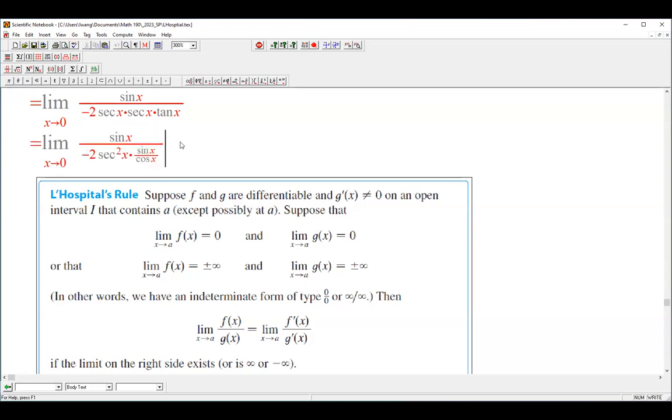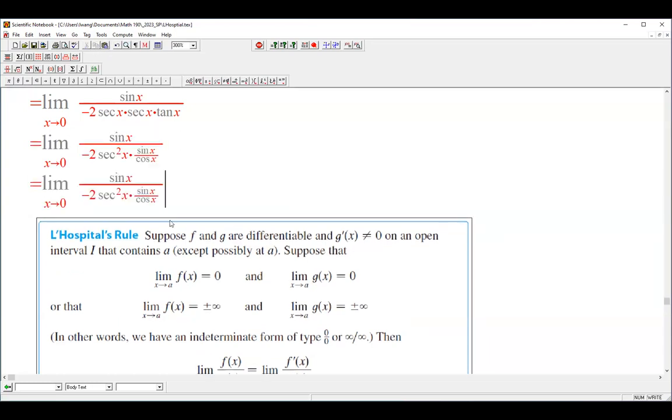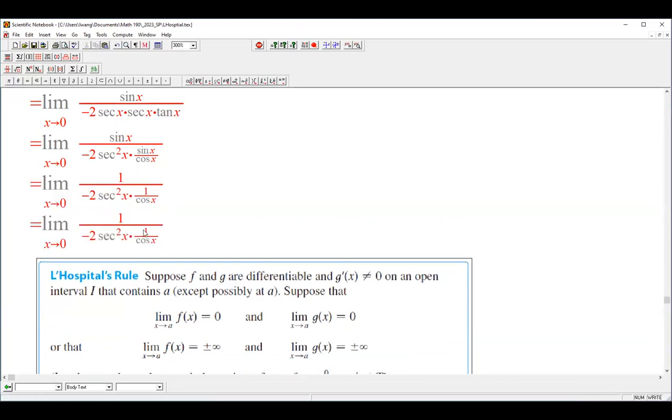So on the next step, we can reduce these two functions, right? And the secant squared, and this is another secant x. So we ended up with secant to the power 3 x.